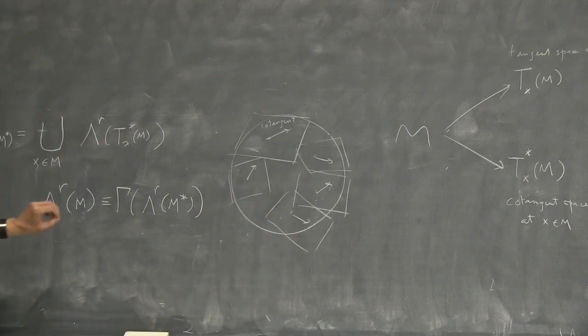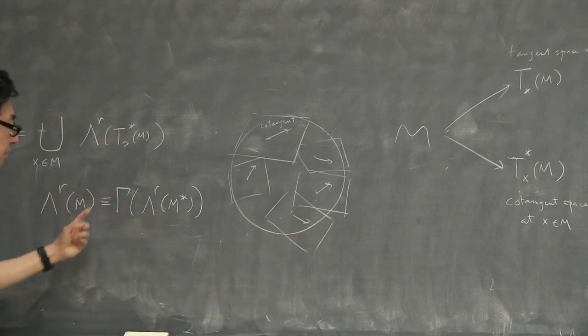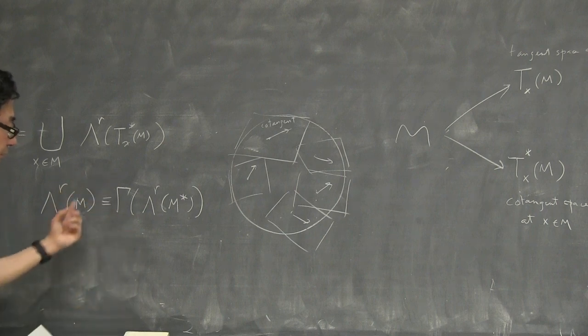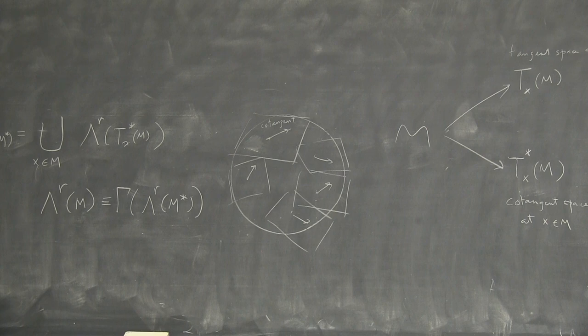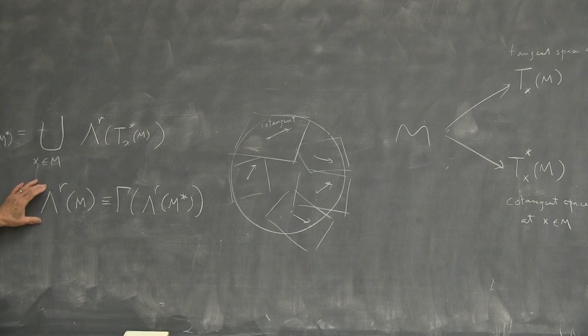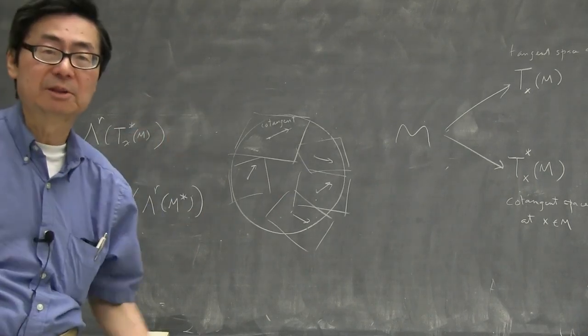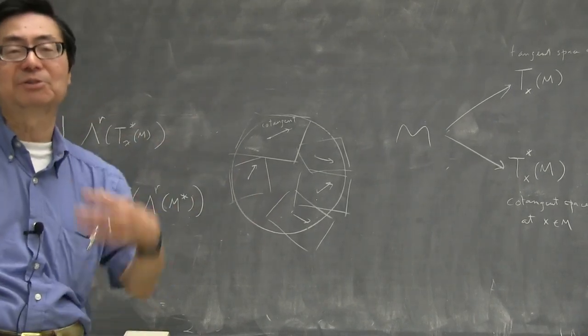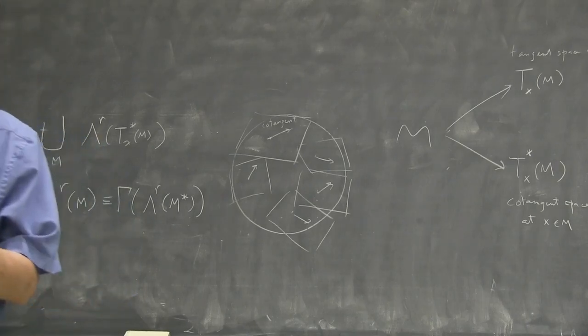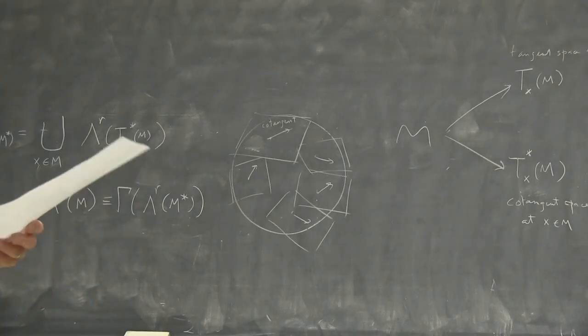It's apparently a tensor field on the cotangent spaces, like so. And the mathematical notation being used is that this lambda always refers to antisymmetric objects, okay? And this gamma is like a vector field. It's called a cross-section. It's a space of all the cross-sections, so it's a space of all the vector fields, so to speak, okay?